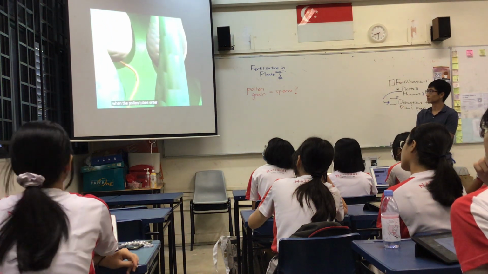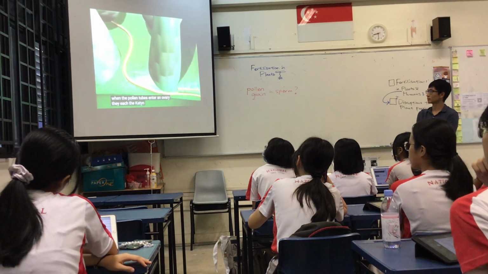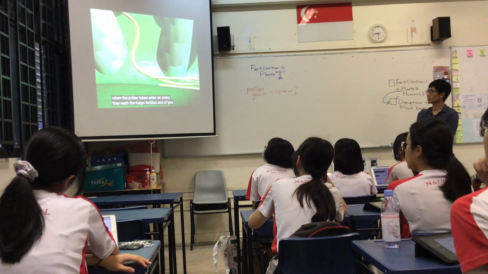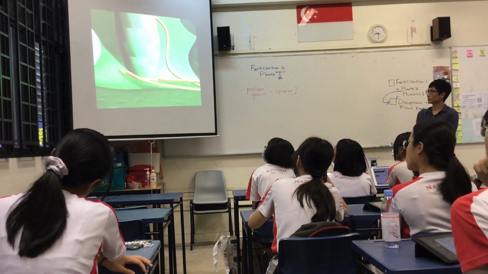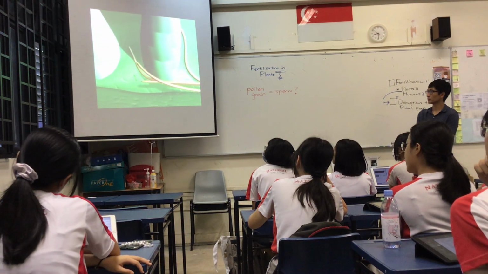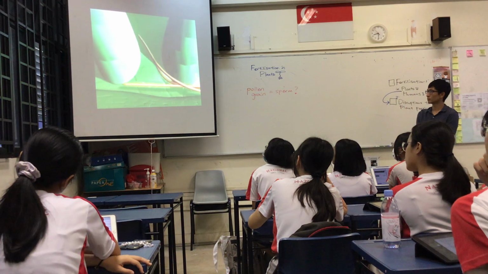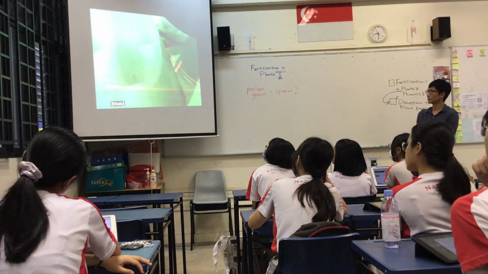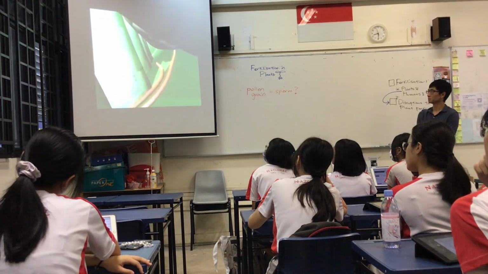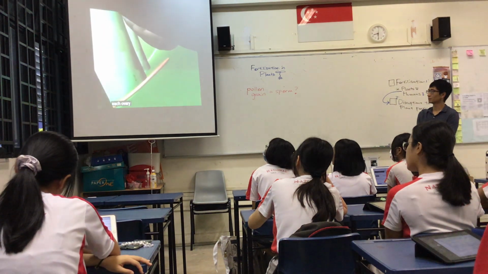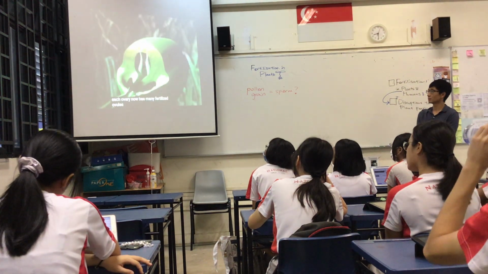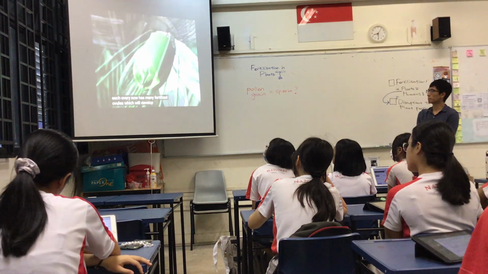When the pollen tubes enter an ovary, they each locate and fertilize an ovule. Each ovary now has many fertilized ovules, which will develop into seeds.